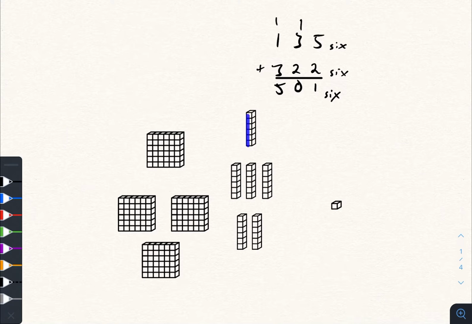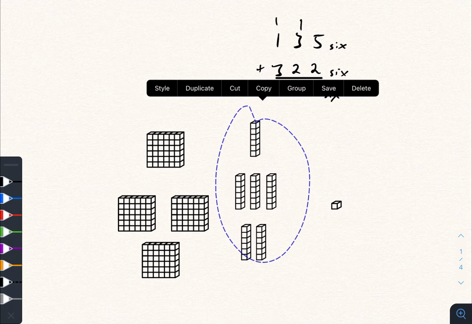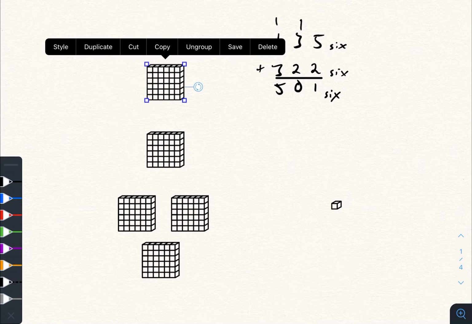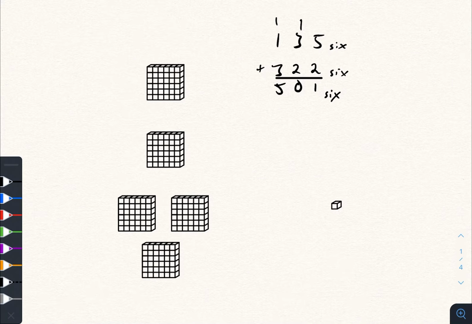So now I have 1 plus 3 plus 2, and that makes 6, or 10 base 6. So then I exchange those for one of these. 6 tens makes a 100, or 100 base 6.